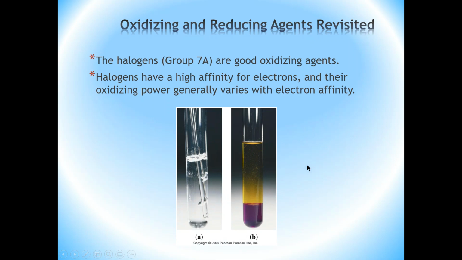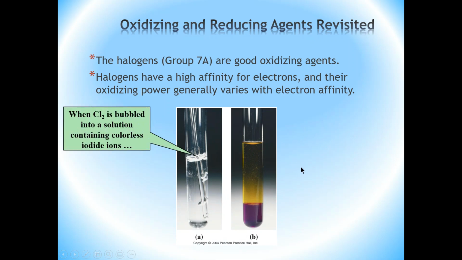So here's an example of the oxidative properties of chlorine. It turns out that chlorine, when bubbled into a solution of iodide ions, which is colorless, forms chloride ions and iodine, which is the purple stuff right here. The chloride ions will end up here in the aqueous solution.